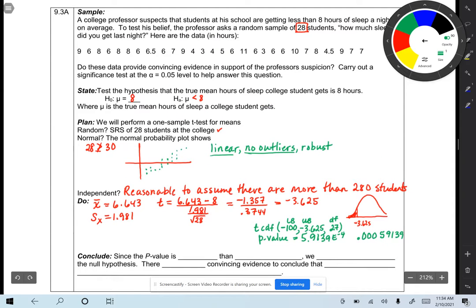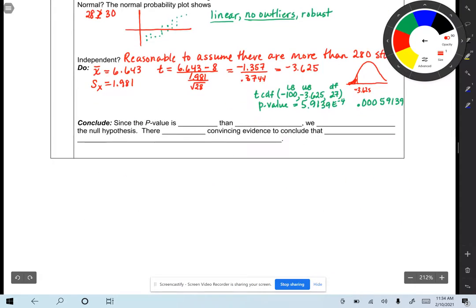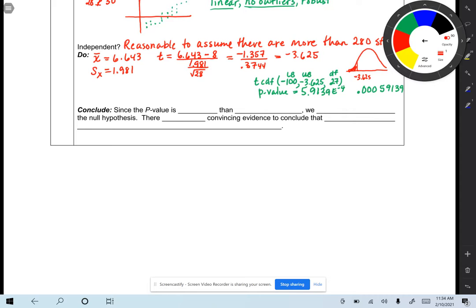Oh, wow, I did not put that. That just reminds me, in the state portion, at 0.05 significance. We should always put that in our state portion, what level you're testing at. And so since our p-value is less than alpha, we reject the null hypothesis.